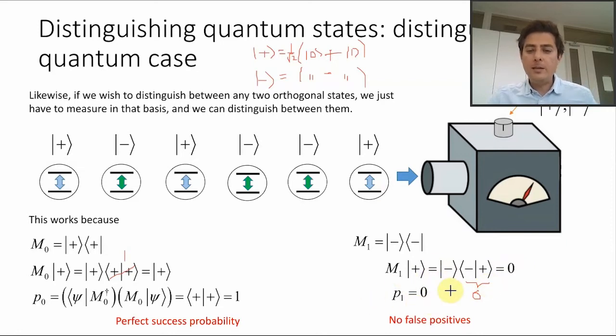So there are basically no false positives. You don't sometimes get the minus outcome even if it's plus, right?